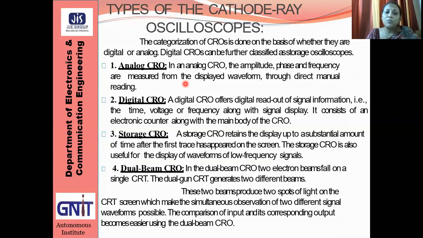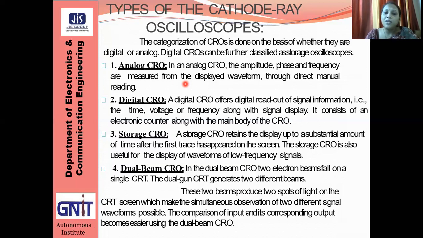Storage CRO. A storage CRO retains the display up to a substantial amount of time after the first trace has appeared on the screen. The storage CRO is also useful for the display of waveforms of low frequency signals. Now, dual beam CRO. In the dual beam CRO, two electron beams fall on a single CRT.